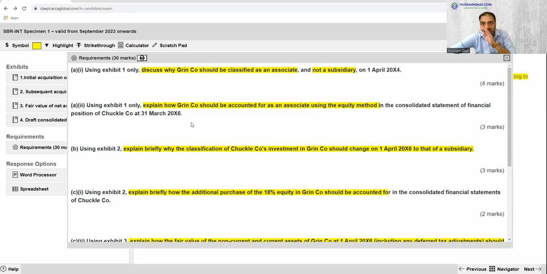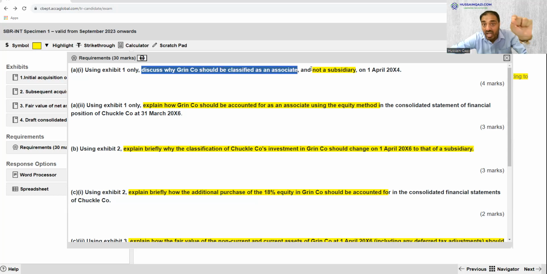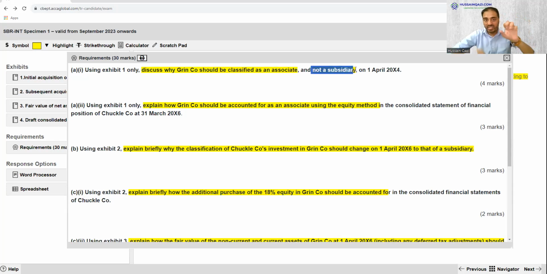read the requirement once again, last, and ask yourself, have I got the complete understanding of the requirement of the examiner? Number 1, use Exhibit 1, discuss why Grin should be classified as an associate, not as a subsidiary.